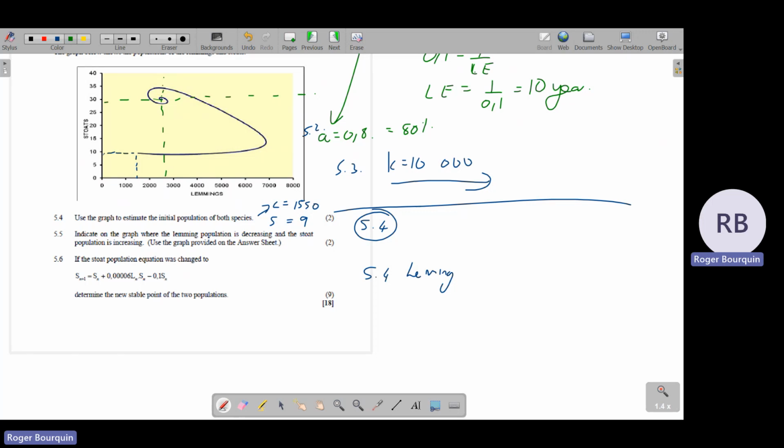So we want lemming to be decreasing, so we must be going towards the left, but the other one must be increasing, right? So there are two regions. The one is over here in red, where one's increasing and the other's decreasing. There's another little region as well, from there to there. You with me? Yep.